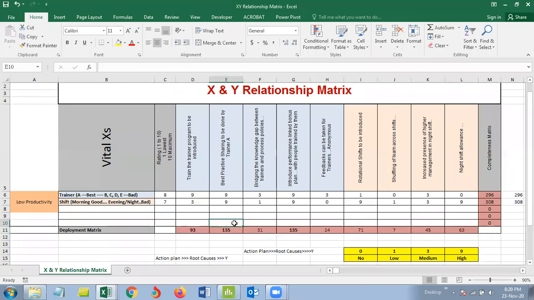Is it clear to everyone? Is it okay? Any questions on the X and Y relationship matrix? Is it okay with you?